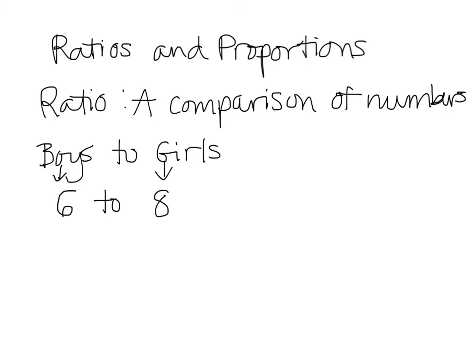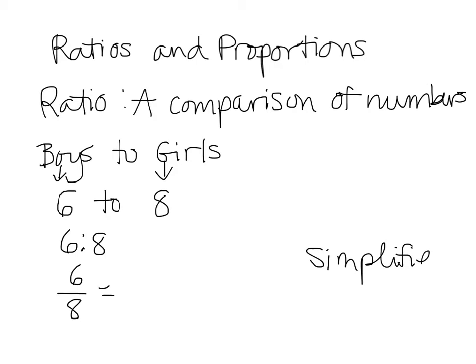The two other ways to write that are 6:8 and 6/8. Notice when you see it in a fraction, it's easy to realize that, just like fractions, ratios must be simplified, in other words, reduced to lowest terms. So in this situation, this would be a ratio of 3 to 4.